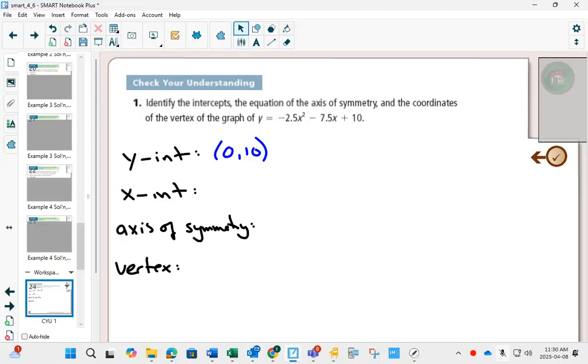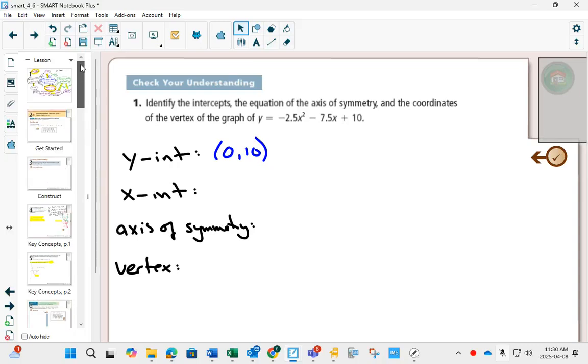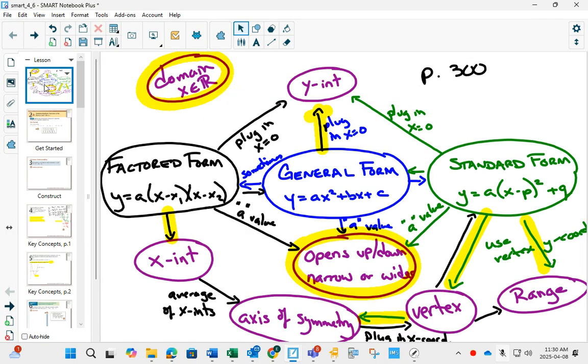Now I have to find the x-intercept, axis of symmetry, and vertex. Now according to my diagram, and you have choice in what order you want to go about doing this. So I need my vertex, I need my axis of symmetry, and I need my x-intercept, okay? The vertex and axis of symmetry, I said normally it's fastest through the standard form, okay? But I have to use the factored form to find my x-intercepts.